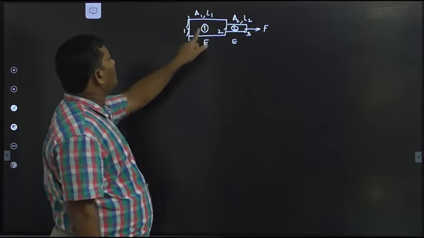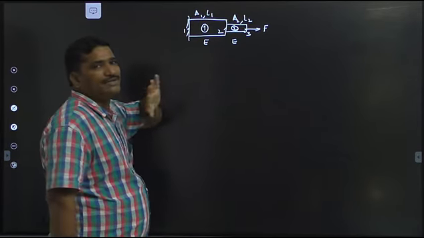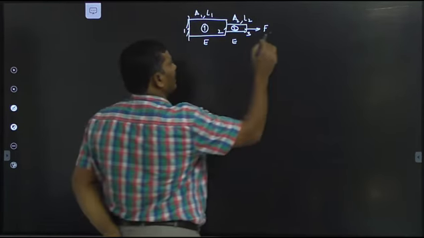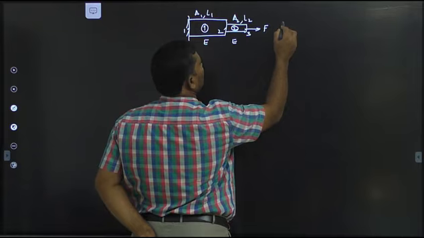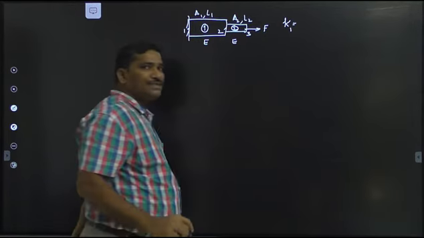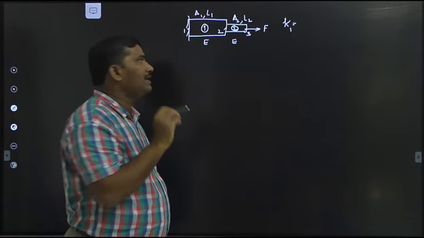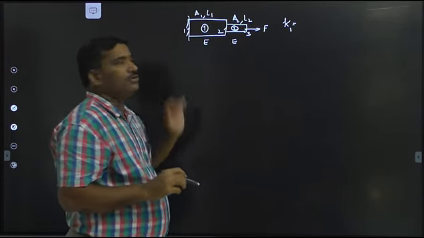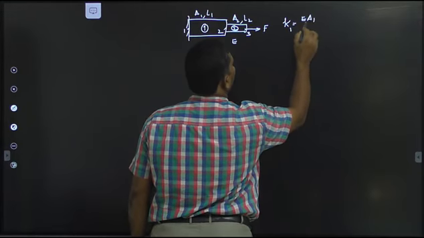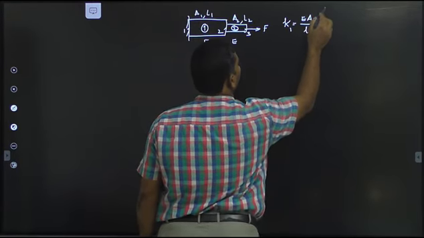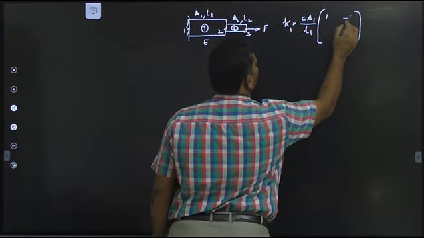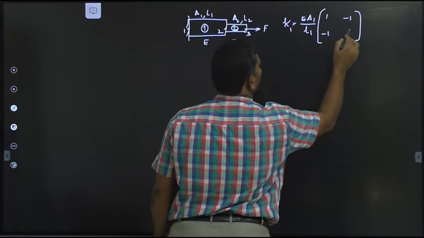Now for the first element, I prepare the element stiffness matrix. How do I get it? The element stiffness matrix of the first element, say K1, equals, what is the formula? EA by L. Young's modulus is the same for both elements. Therefore, E A1 by L1 into a 2 by 2 matrix having elements 1, minus 1, minus 1, plus 1.